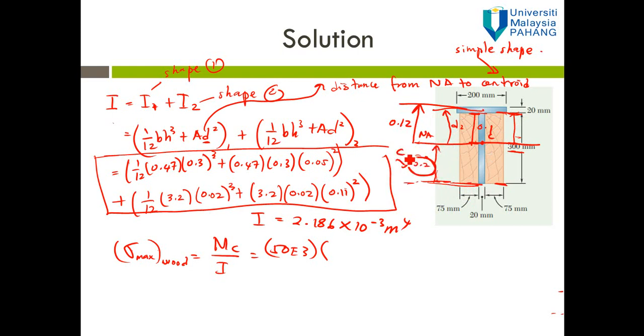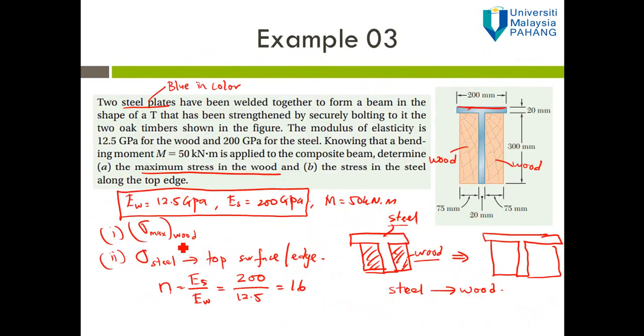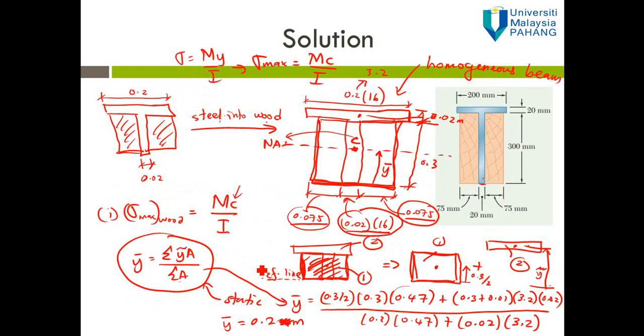So we choose C equal to 0.2, taking the C with the higher value. So 0.2 over I, equal to 2.186 times 10 to the minus 3, so it is equal to 4.57 megapascal.